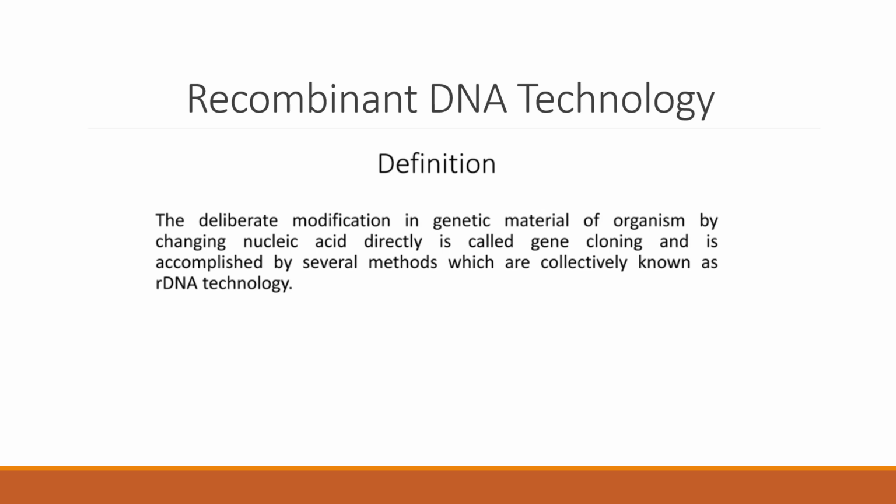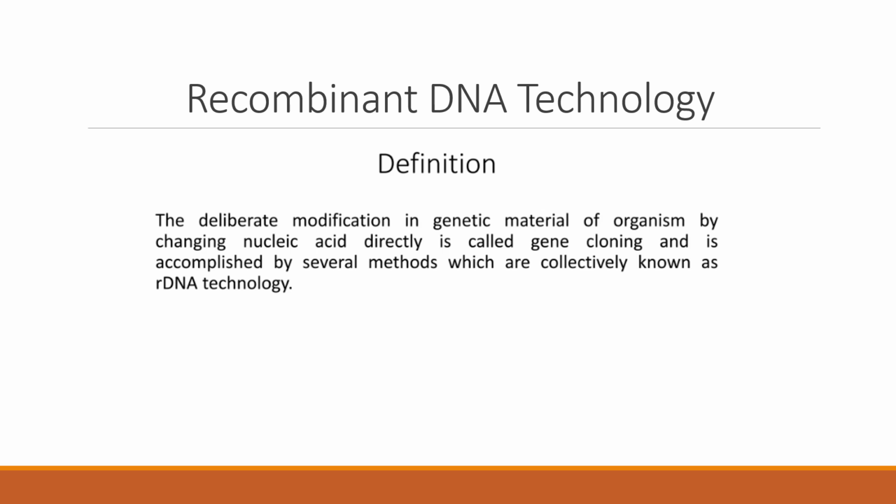Genetic engineering or recombinant biotechnology is also called gene manipulation or gene cloning. Here, we are deliberately modifying the genetic material of an organism by changing their nucleic acid. Nucleic acid can be RNA or DNA.